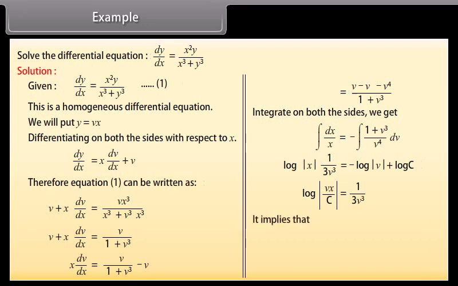It implies that vx by c equals e raised to the power 1 by 3v cubed. It implies that y by c equals e raised to the power x cubed by 3y cubed, or y equals c into e raised to the power x cubed by 3y cubed.